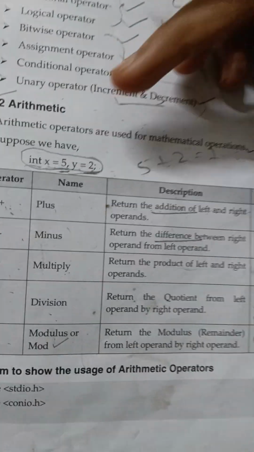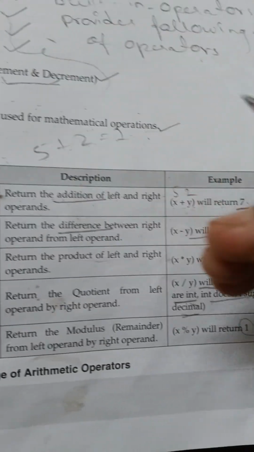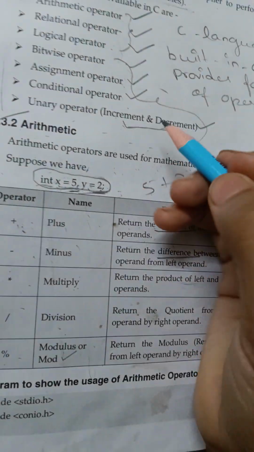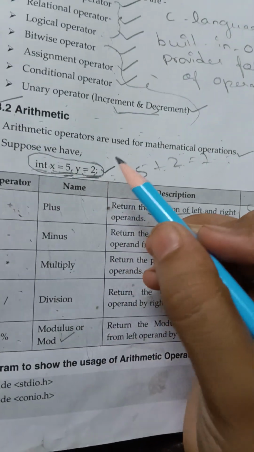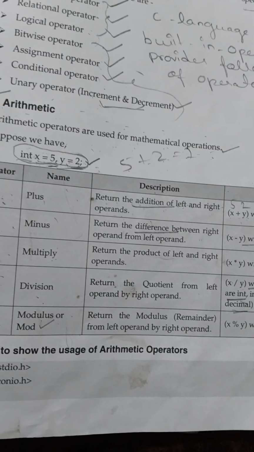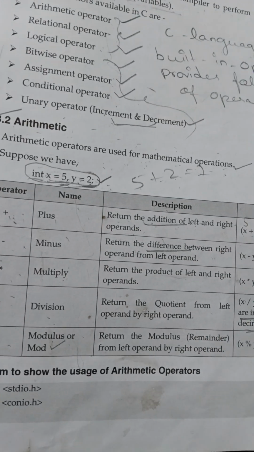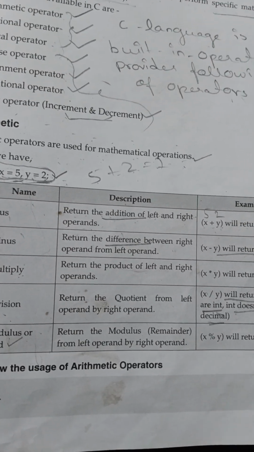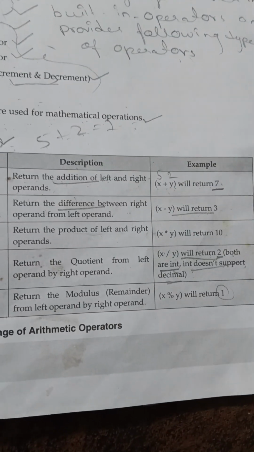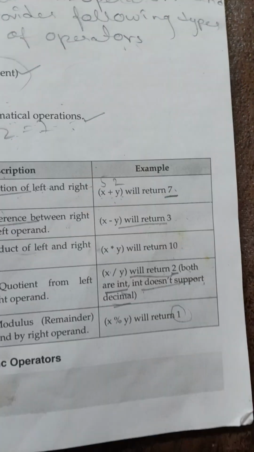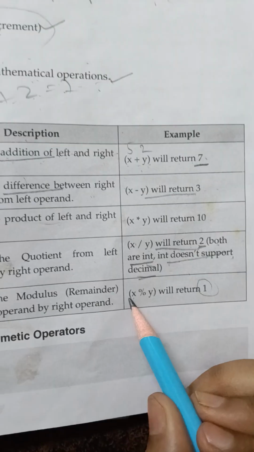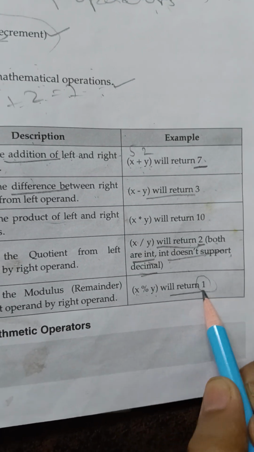If you take any other numbers in the exam, you may get confused, so my better suggestion is to take this particular example for your box. If you want to take other numbers and you get the answer, it is good, you can use them. But if you don't want to revise anything else, just do what I said. Then modulus, x percent y, will return 1.